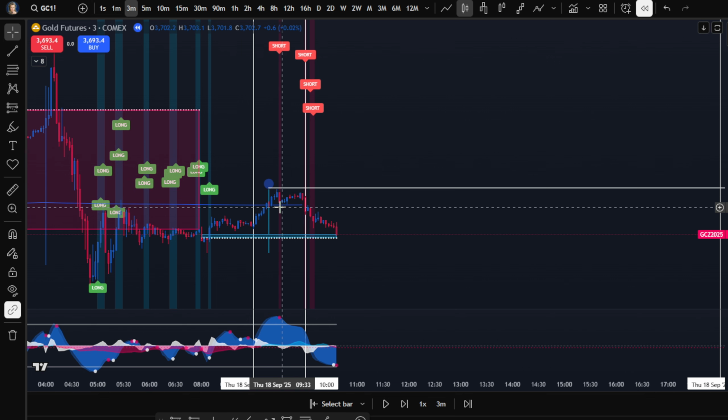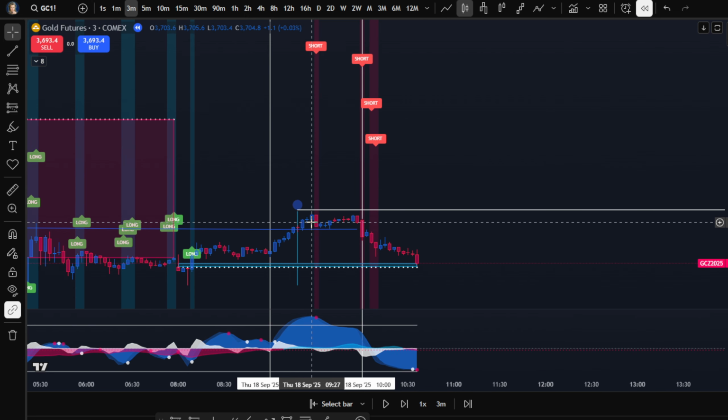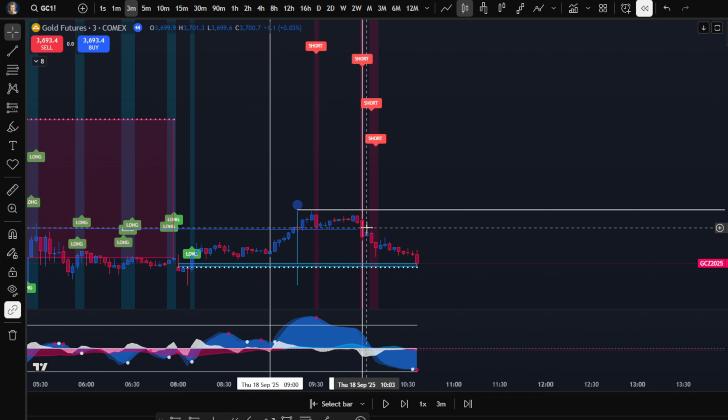So a 3-minute bearish body has to close below the low of the most recent bullish candle, right? Basically you need a bearish body to close underneath the bottom wick of the most recent bullish candle.